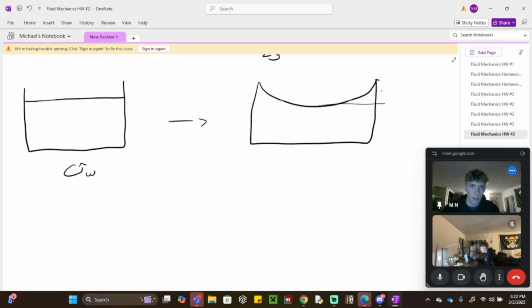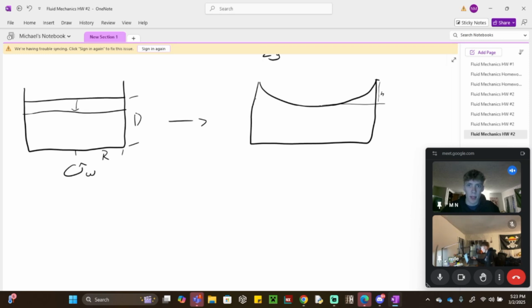So, trying to find that. And the water has a depth of d and a radius of r, since we're in a circular cup. And what you'll notice is that when it is spun, the center of the fluid actually lowers down.